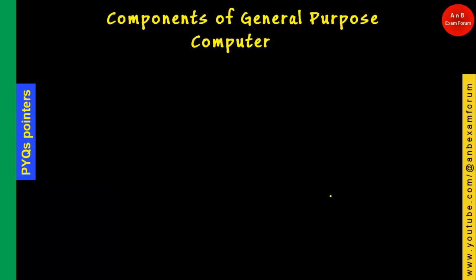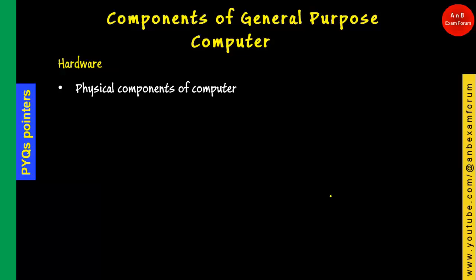Next is the components of a general purpose computer. There are basically two components: first is hardware and the second is software. So what do I mean by hardware? Hardware are the physical components of the computer.